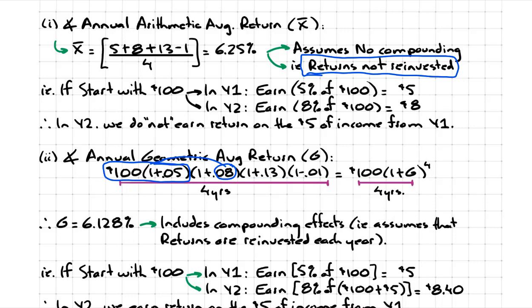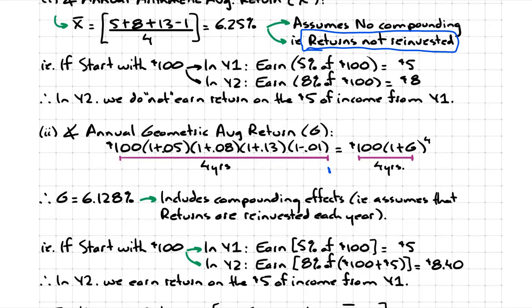And that, ladies and gentlemen, is compounding, i.e. in year 2, we're earning the return, not just on our original principal, but also on whatever earnings we accumulated in the previous period. You can see why compounding is associated with reinvesting, because the only way you could earn 8% on the 105 in year 2 is if you reinvest that 5% you earned in year 1. And of course, this process keeps repeating until you reach the end of the 4th year.